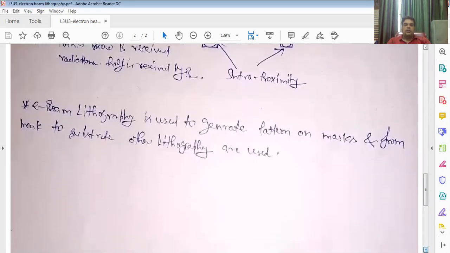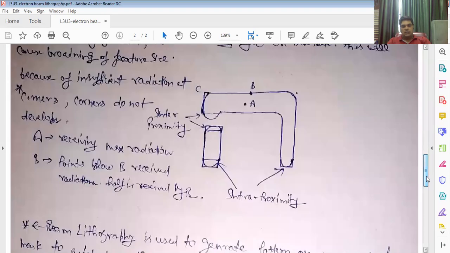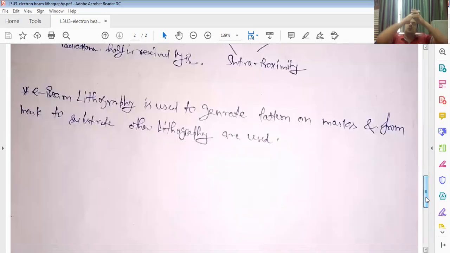So electron beam lithography, for the above reasons, is not used for depositing the pattern on the substrate, but in fact it is used to deposit the pattern on the mask first.